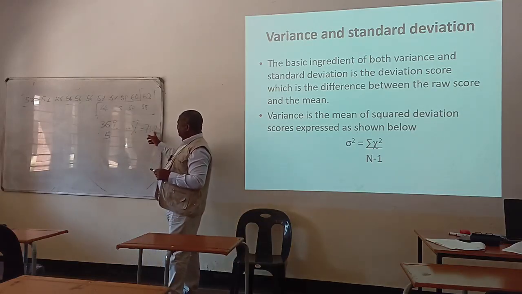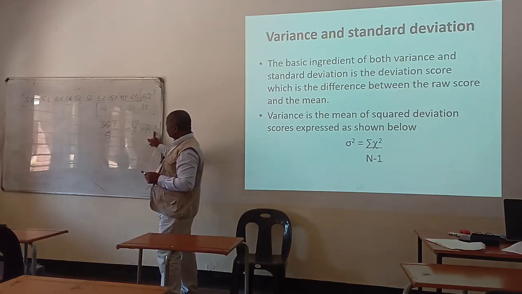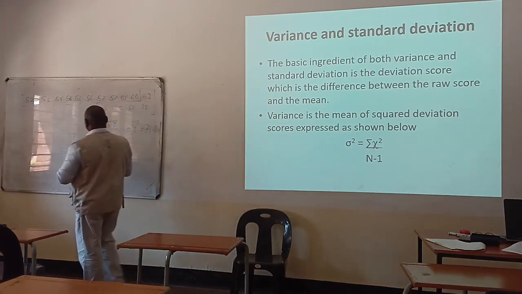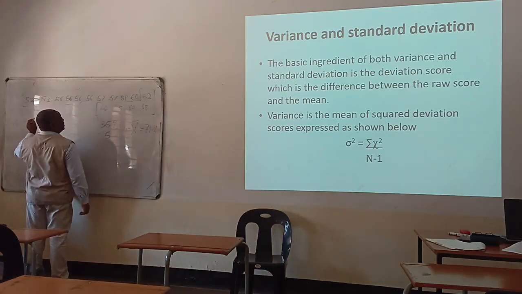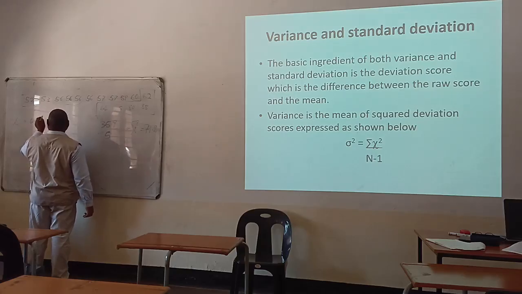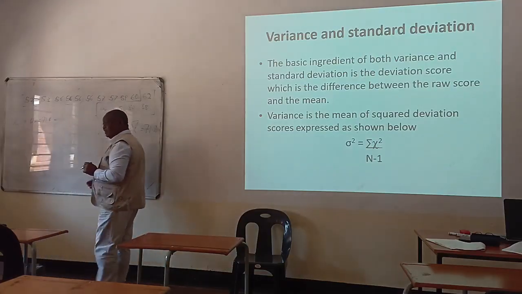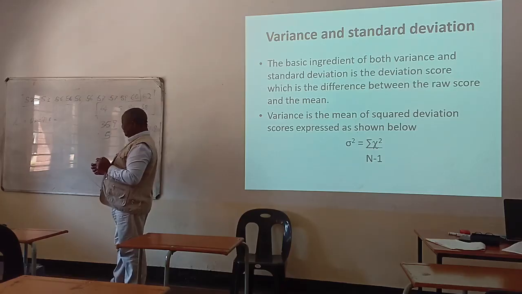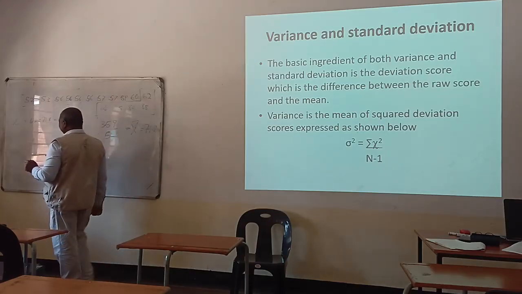Now, with that, we need to compute the deviation scores of these numbers. So, the first deviation score is equal to 62 minus 71.8, which is equal to minus 9.8. Okay.